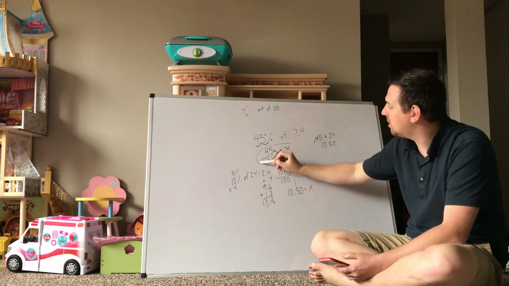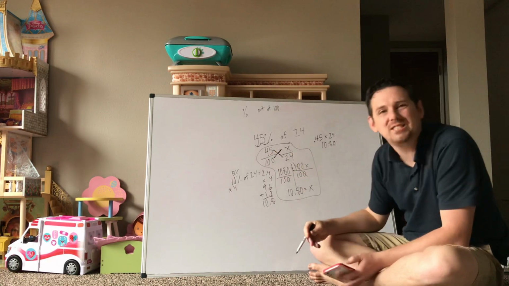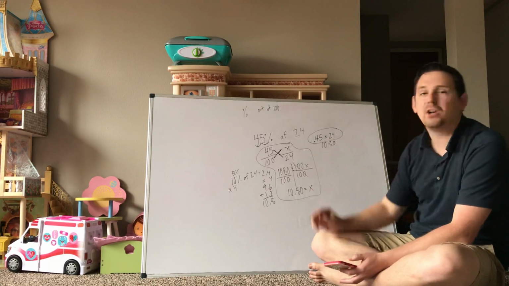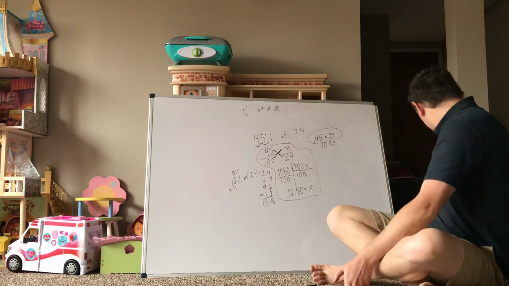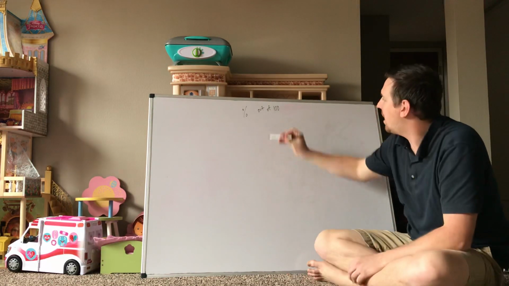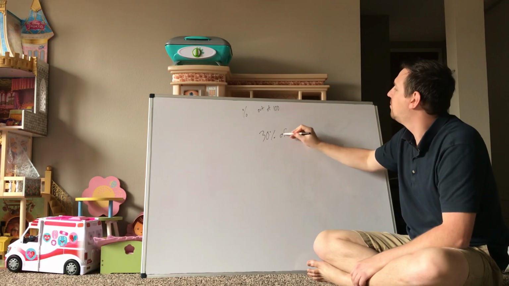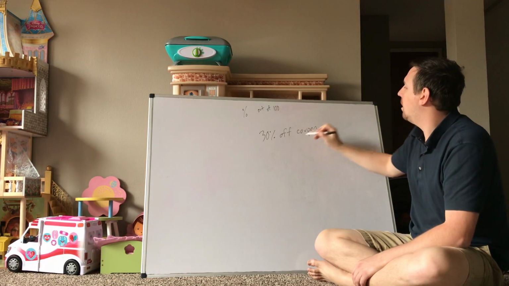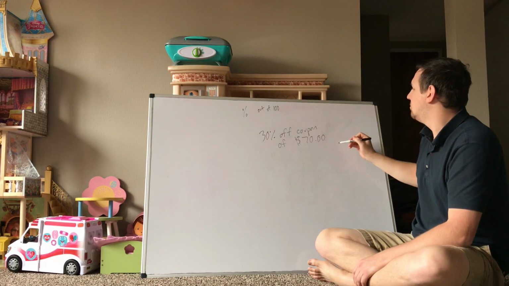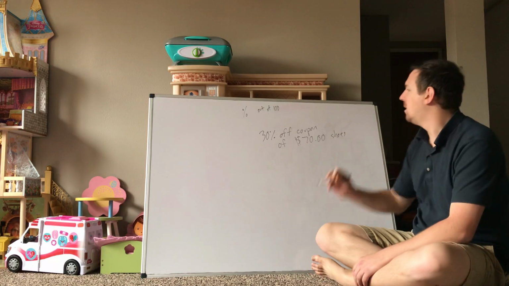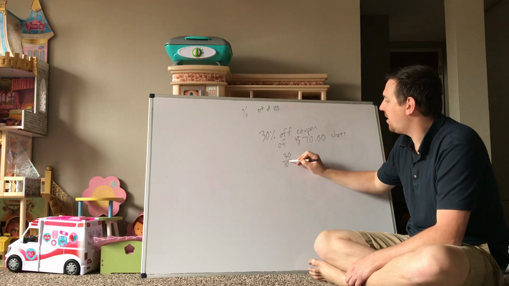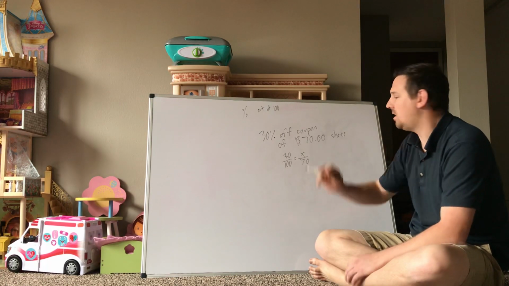Now, I generally go to this because that is generally the easiest thing for a 7th, 8th grader to do. This is probably what you're going to use most at the store. So if you had a 30% off coupon for $70 shoes, 30% off would be 30% of $70.